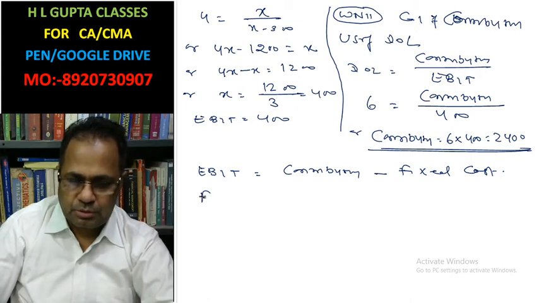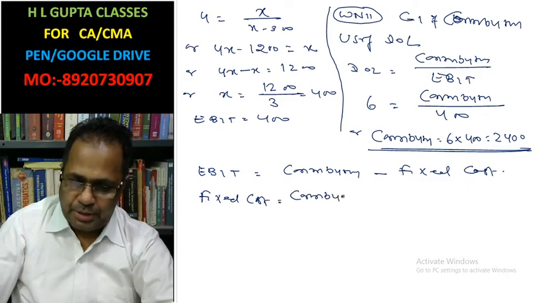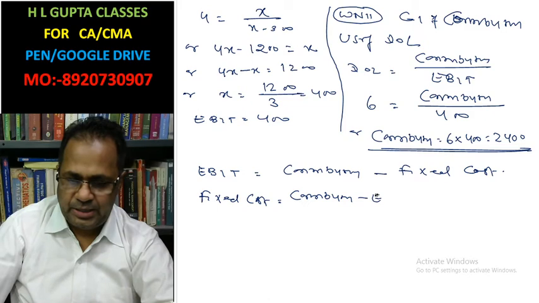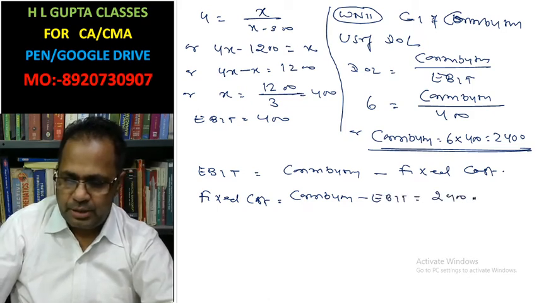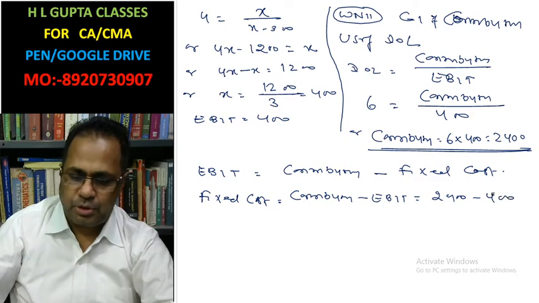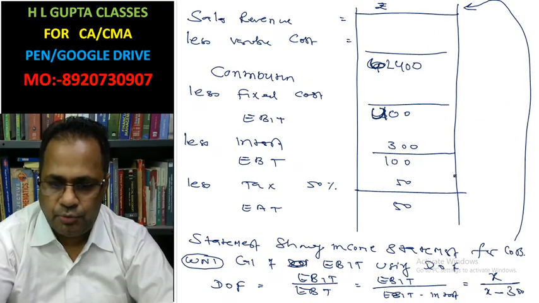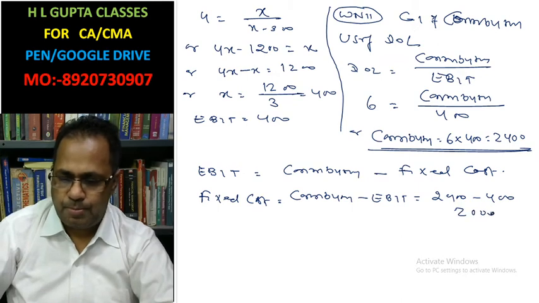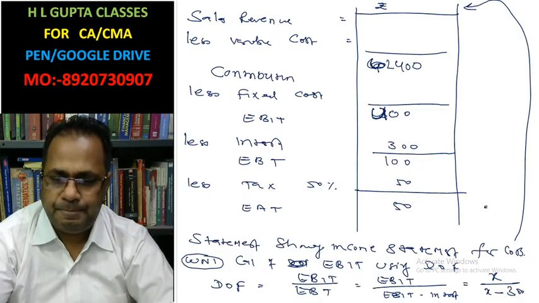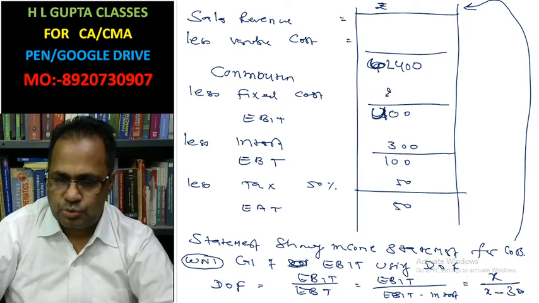Now fixed cost equals contribution minus EBIT. This is 2400 minus EBIT 400. That's why it is 2000. So here fixed cost is 2000.